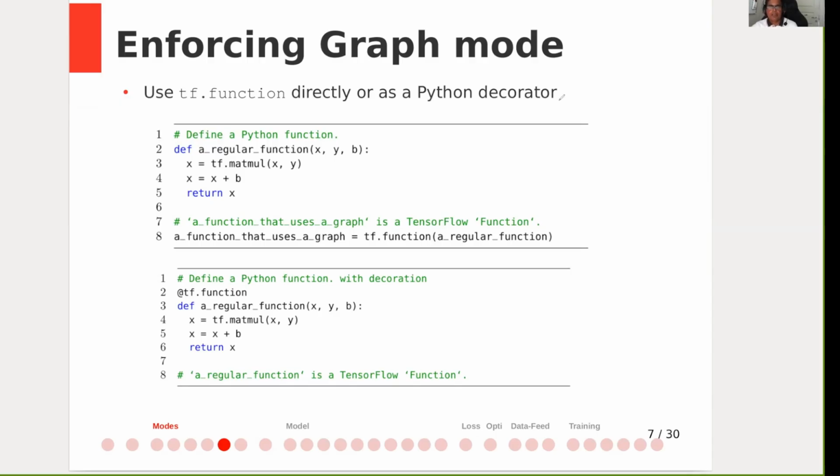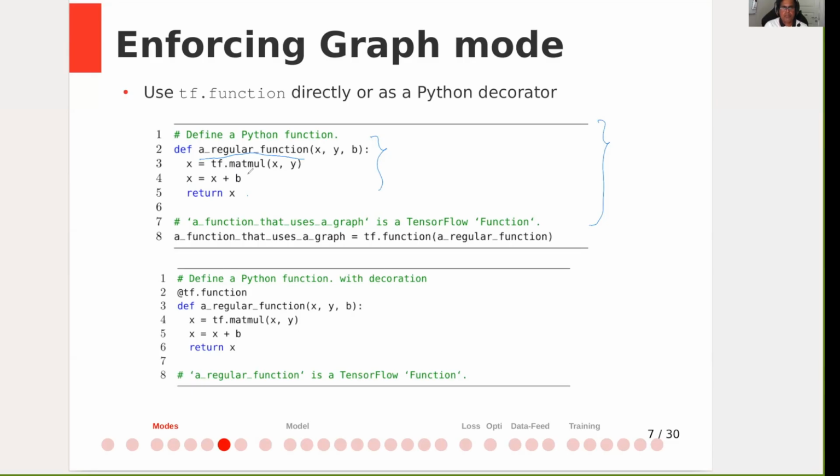So the first part of the code here shows how to use the tf.function feature as a function. For example, you have a regular Python function which takes several arguments and calculates the result.